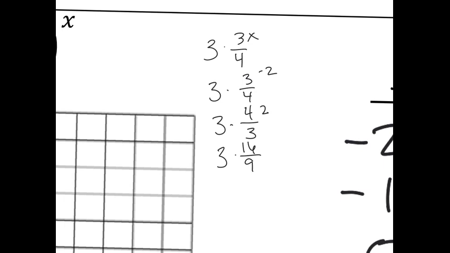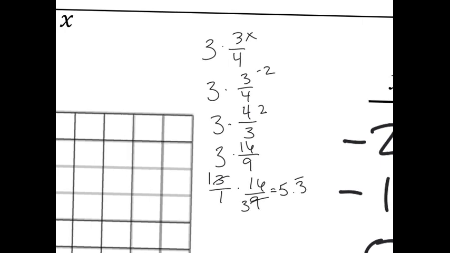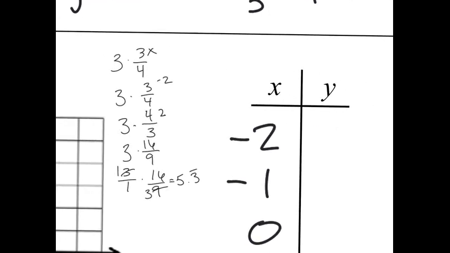It's okay that you have a fraction here. Remember, you can cross simplify before multiplying. So the 3 and the 9 kind of dwindle down. And then 16 divided by 3 is about 5.3 repeating. At least I think that is. If I'm wrong, just let me know in class.